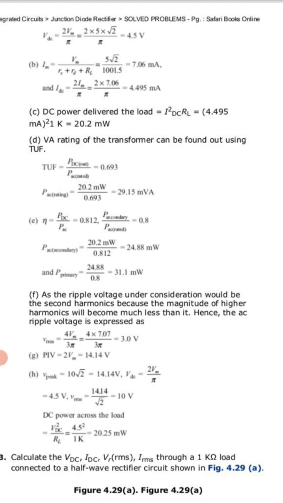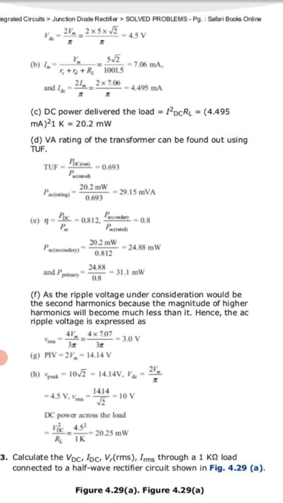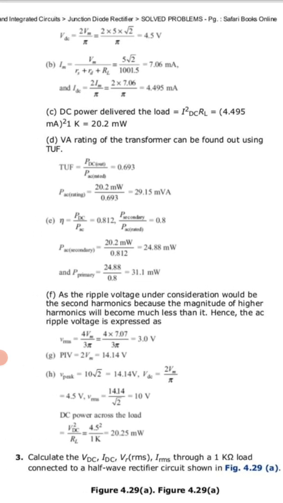After that, the VA rating of a transformer. The efficiency is equal to PDC upon PAC, DC power upon AC power, which is given in the question. So it is equal to 0.693. PAC is equal to 22.2 milliwatt upon 0.693, equal to 29.15 milliwatt ampere.